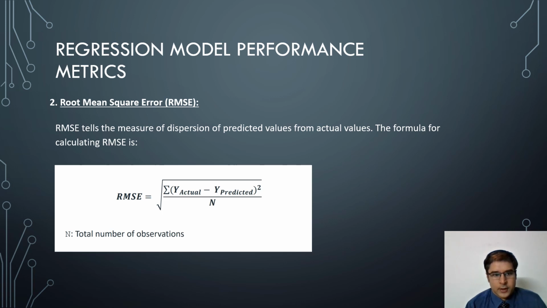It is a statistical term, dispersion. The formula for calculating RMSE is R square is equal to (1/n summation (xi minus mean x) into (yi minus mean y) divided by σx into σy) whole square, where n is the total number of observations.